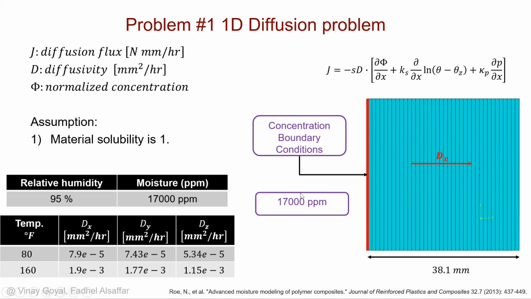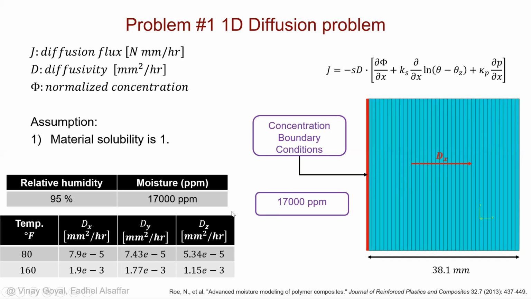The concentration is measured in terms of parts per million, a value that we took from literature: at relative humidity, for example, of 95%, the equivalent moisture level is 17,000 parts per million. So we basically want to subject this material to a boundary condition of 17,000 parts per million here on the left, and see how fast it diffuses inside the material.